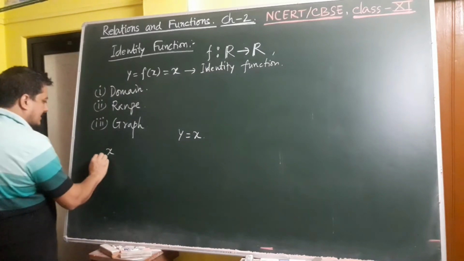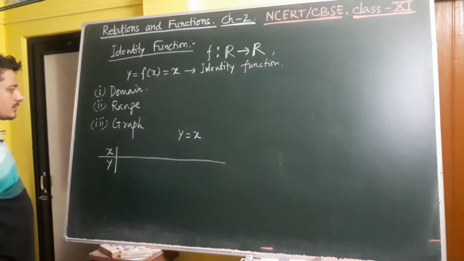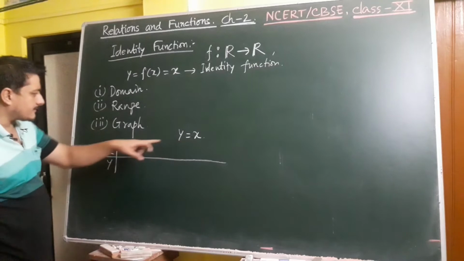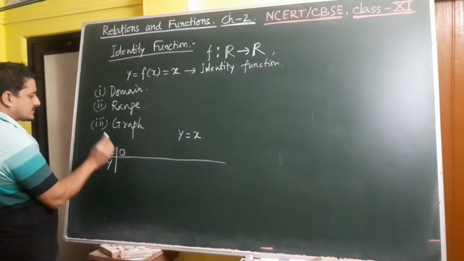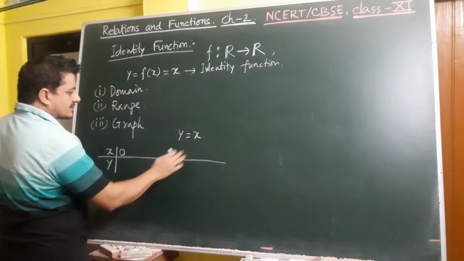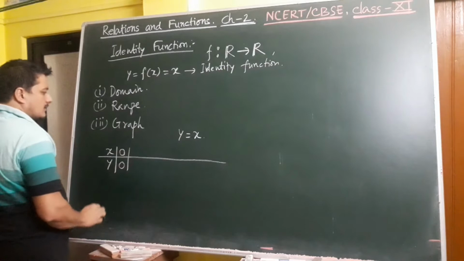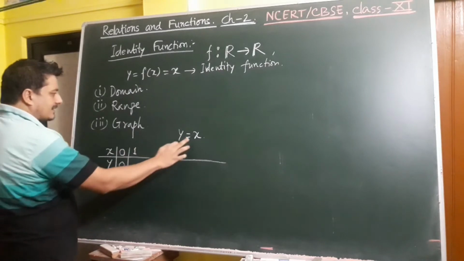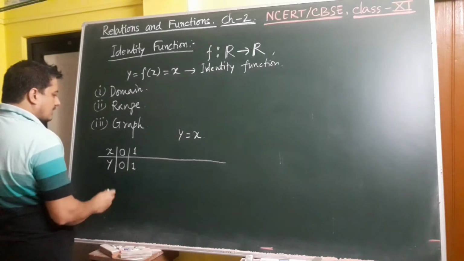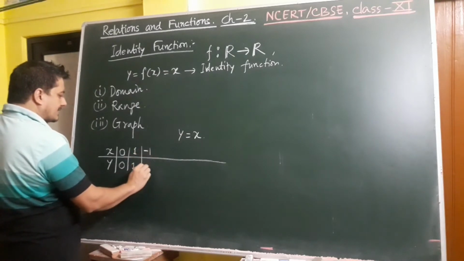To prepare the table, I do it like this, x, y. Now if I put x is equals to 0 in this equation, then I get y is equals to 0. Then if I put 1, I'll get 1.